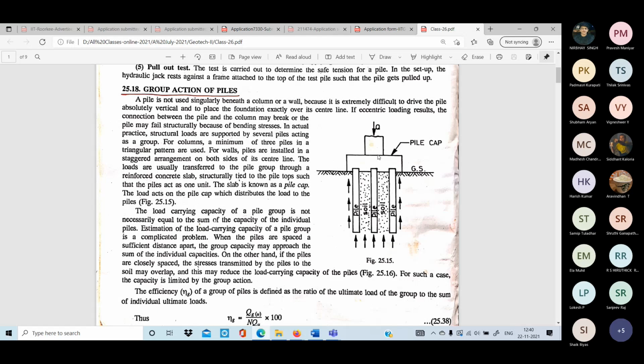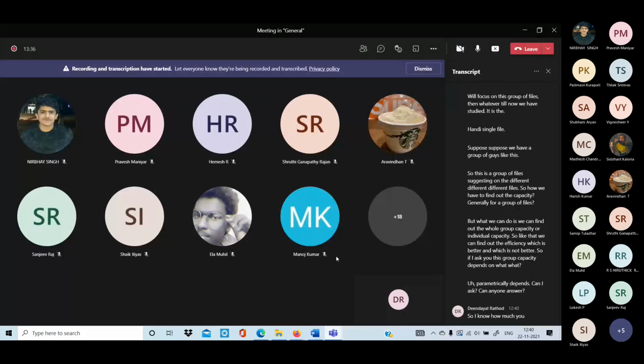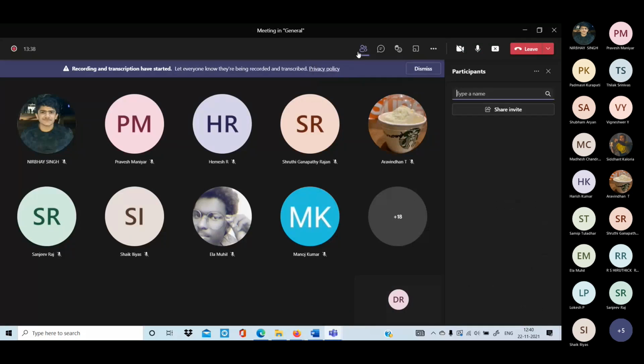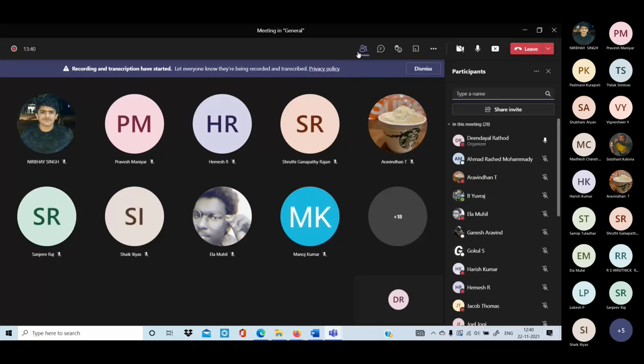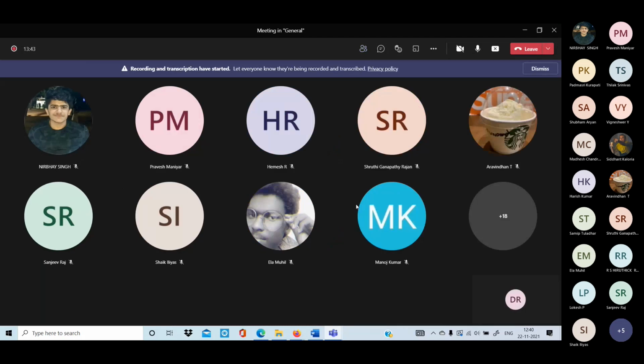So if I ask you, the group capacity depends on what parameter? Can anyone answer? I want to know how much you people are following.